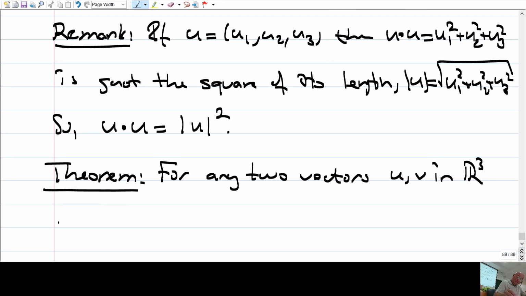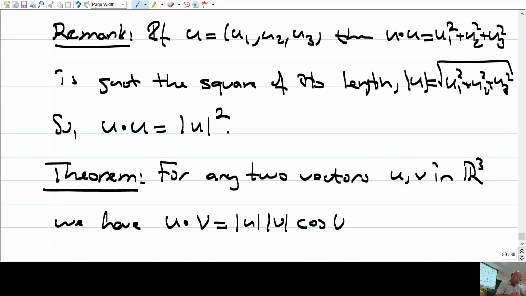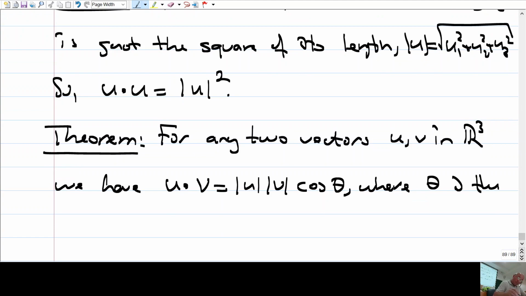We have u dot v is equal to the following. Norm u times norm v, so length of the vector u times length of the vector v times cosine theta, where theta is the angle between the vectors.